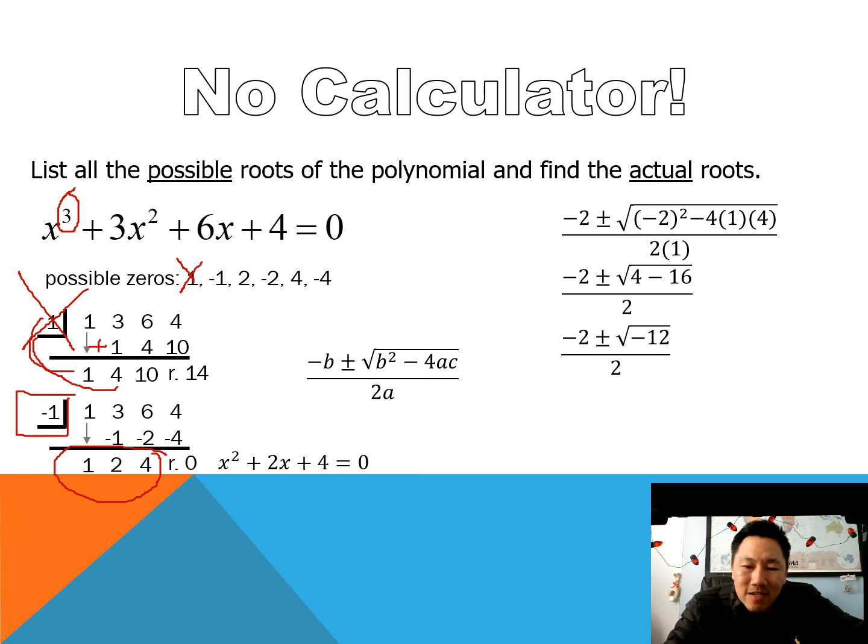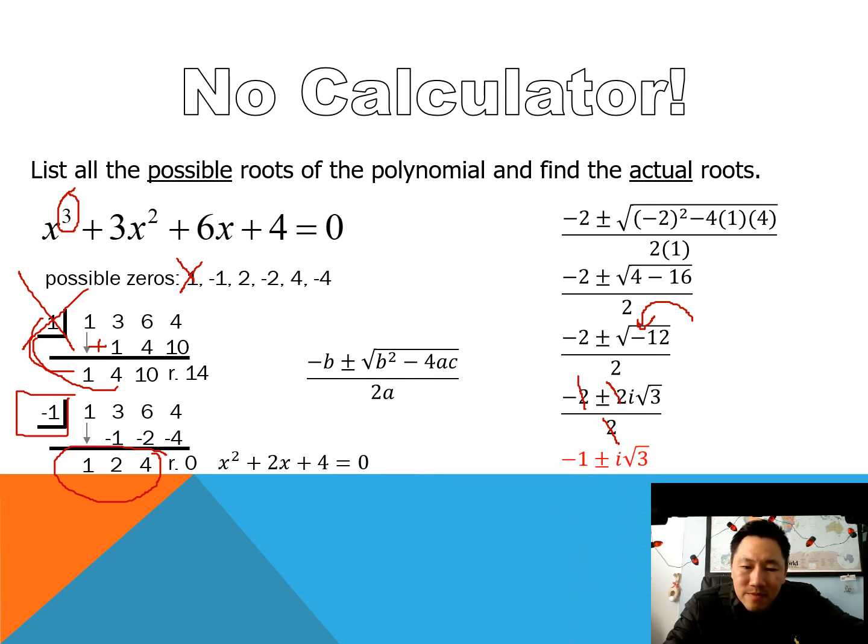Notice that there is a negative in this square root, which means you're going to have an imaginary answer. There it is. I simplified that negative 12 to 2i radical 3. And then again, if all 3 numbers reduce, go ahead and reduce all 3 numbers.